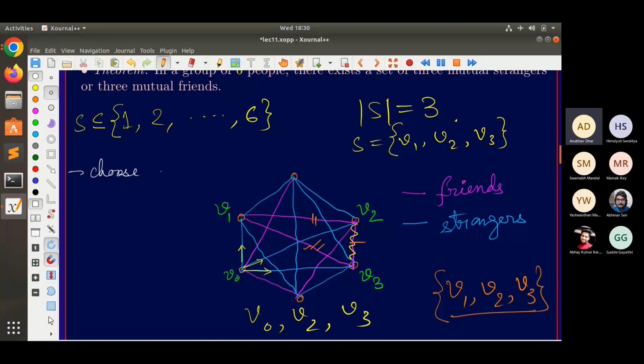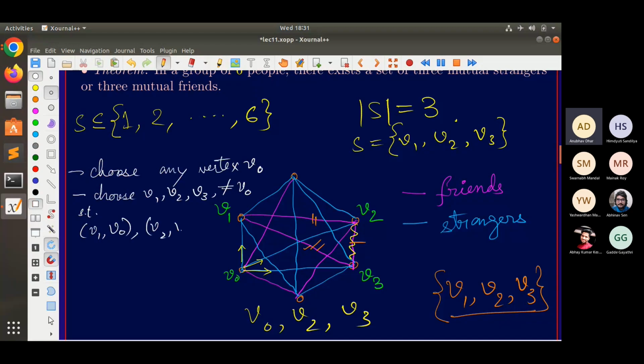Choose any vertex V0. Choose V1, V2, V3, none of them equal to V0, such that V1V0, V2V0, and V3V0 are of the same color.